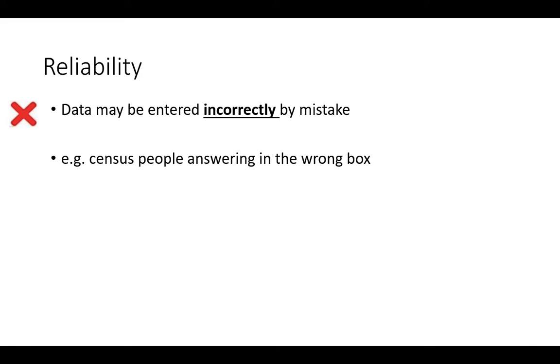So if you answer your ethnicity in the box for your religion, then that means that it's not a reliable questionnaire because you wouldn't be able to repeat it, as it's damaged by the fact that individuals make mistakes. However, I would say here that not many people make mistakes on the census. It would be a minority.